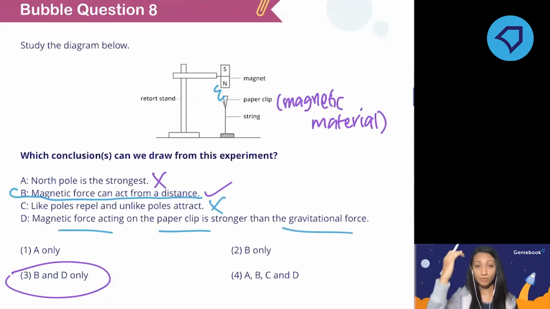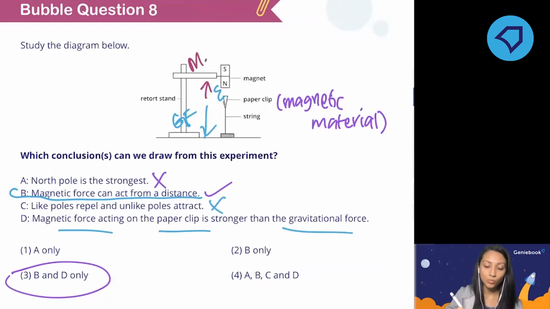Remember, gravitational force will try to pull you down back to Earth. Gravity is going this way, GF, whereas magnetic force is attracting it upwards. In this case, the magnetic force is way larger than the gravitational force, and that's why the paperclip is able to hang or suspend in the air.